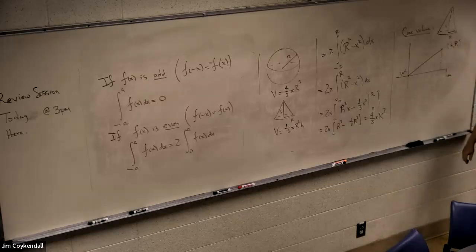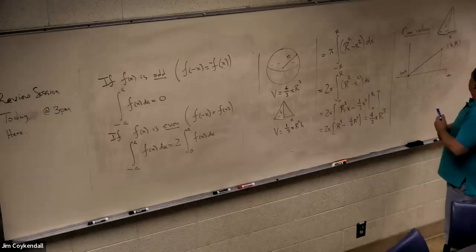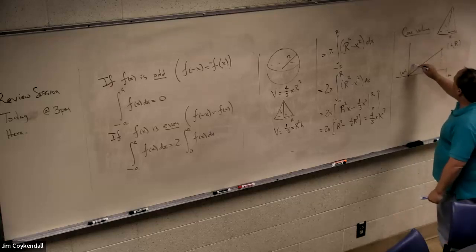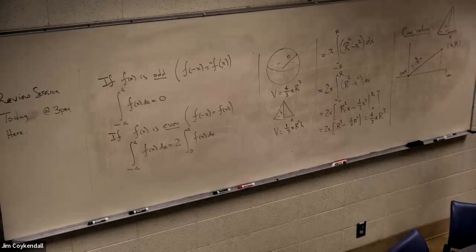Everybody's favorite, parallel, H and R. So, by the way, let me point out, this is y equals r over h times x, because that's a line through the origin with slope r over h, rising.